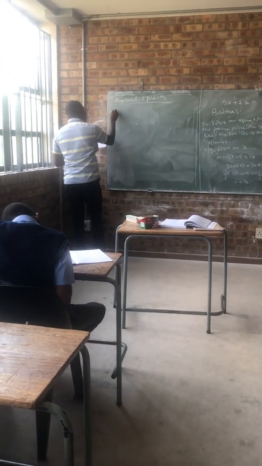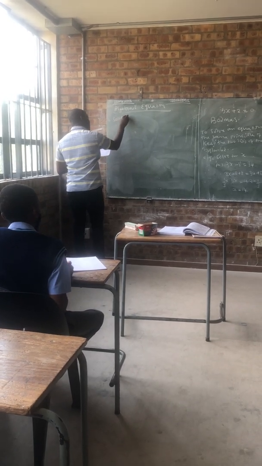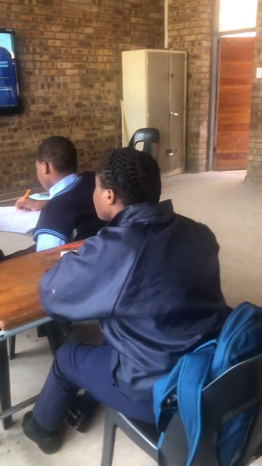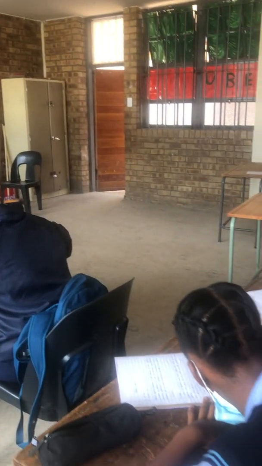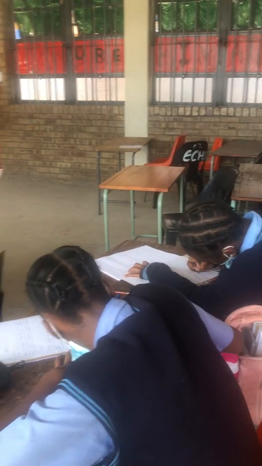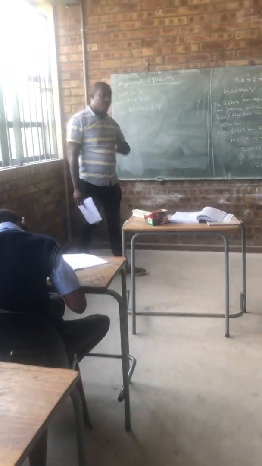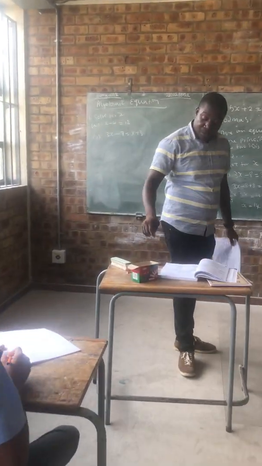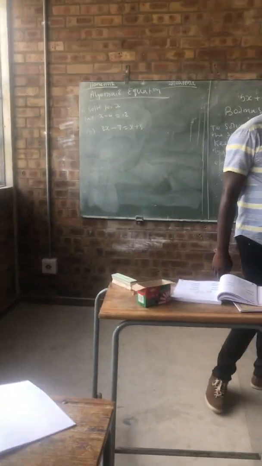Number 1 says solve for x. Number A: x subtract 4 equals 12. Number B: 3x subtract 7 equals x add 3. And remember, we use the order of operations, which is the important thing in order to solve the equation.